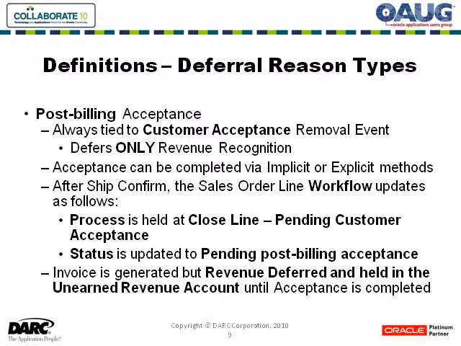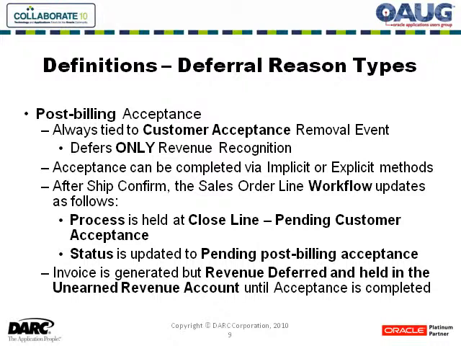On the flip side, the second deferral reason type is post-billing acceptance. This one is, again, just as it's named, after billing, after invoicing. It's always tied to a customer acceptance removal event, and because it's after invoicing, this only defers revenue recognition. The acceptance can be completed, just as in pre-billing, via implicit or explicit methods, and after ship confirm, the sales order line in this process updates as follows.